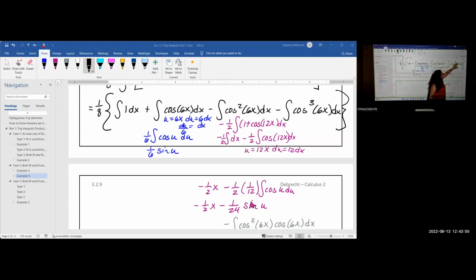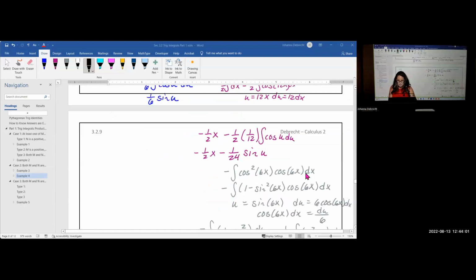You have cosine cubed of 6x dx. So I did this one in the gray color. So when we come down here to that one, we split it. So again, we have cosine to an odd power, so I split it. Instead of 3, I split it into 2 and 1. And I take the cosine squared, and I use the Pythagorean identity to substitute 1 minus sine squared of 6x.